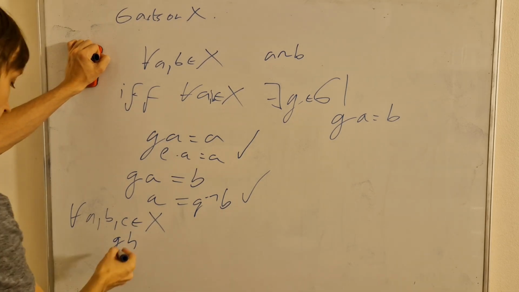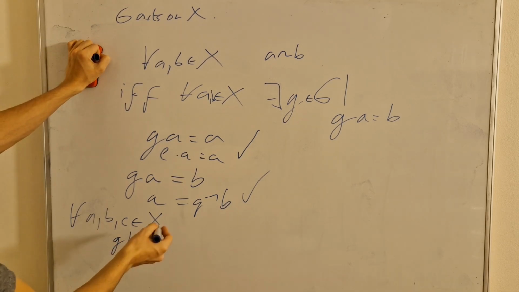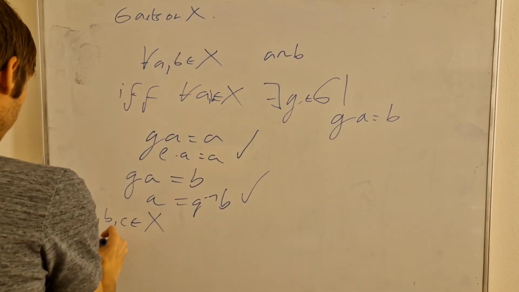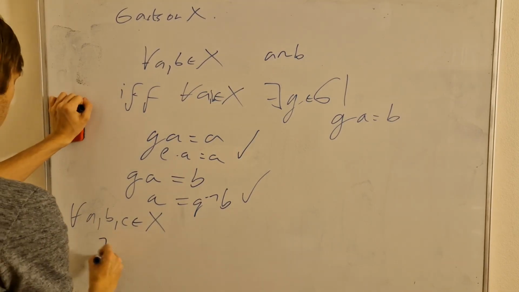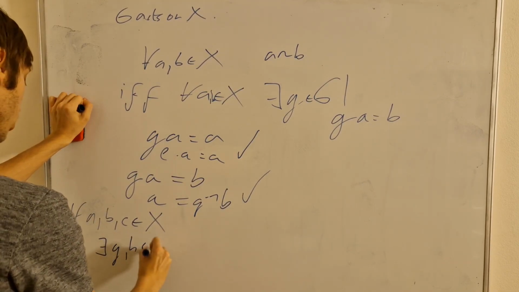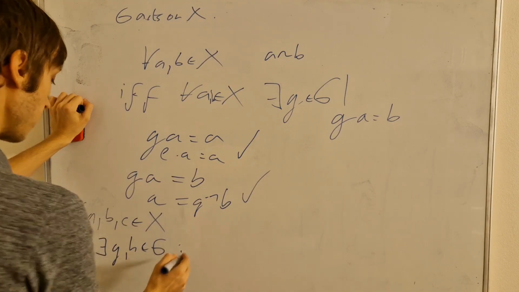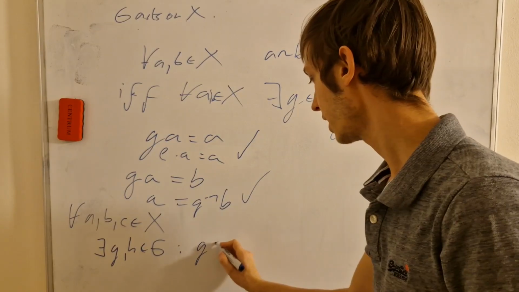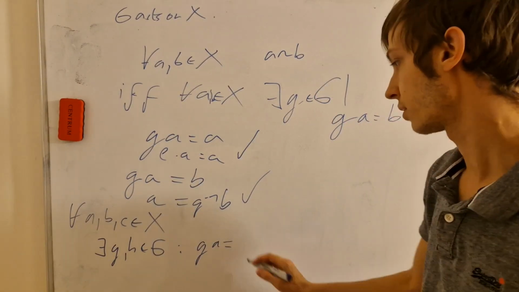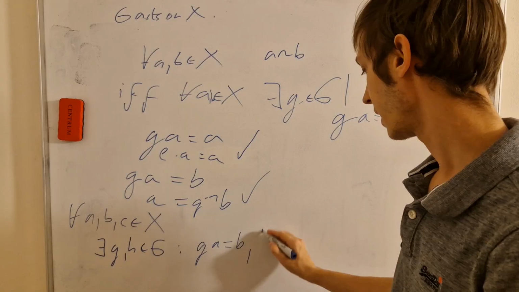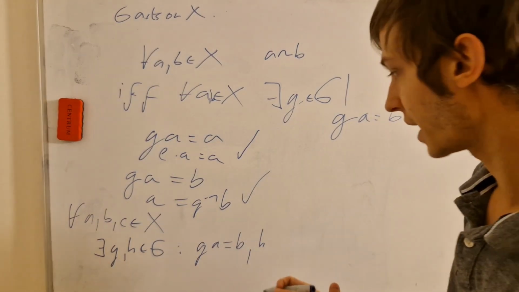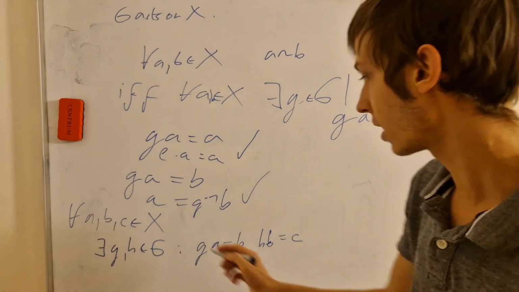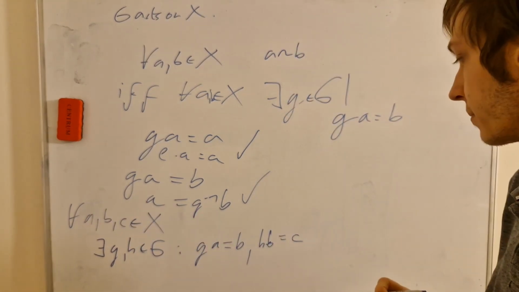So we will take not only G from the group, but let's also say for any A, B, C in X, there exists G and H in the group G such that GA equals B, and then H, another element from the group, takes that B and puts it into C, where A, B, and C are elements of the set on which the group acts.